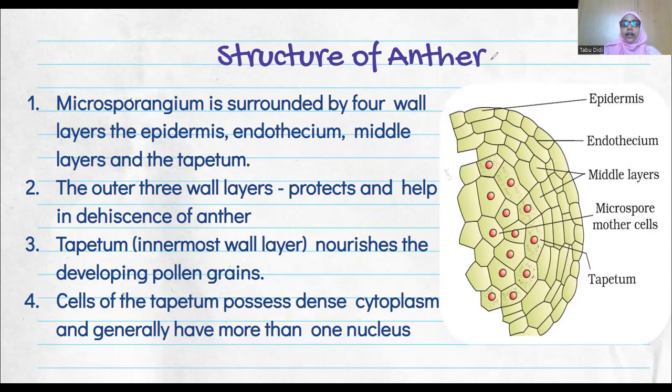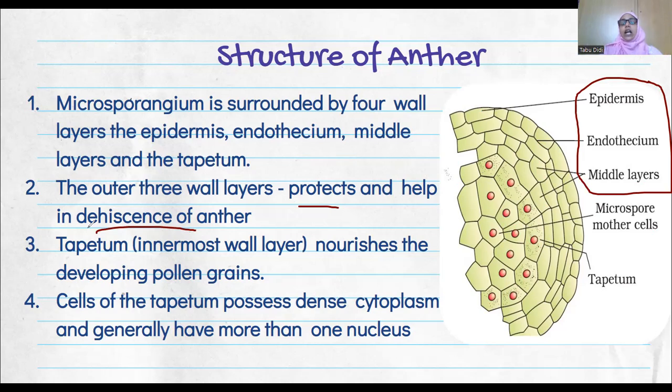The 3 layers, epidermis, endothecium, and middle layers, together act as protection, and also help in dehiscence of the anther. Means before maturation they will not let the anther burst open.